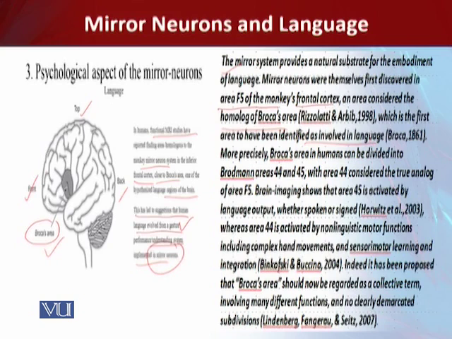More precisely, Broca's area in humans can be divided into Brodmann areas 44 and 45, with area 44 considered the true analog of area F5.